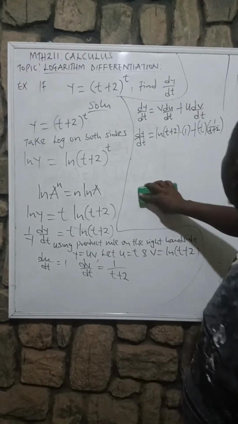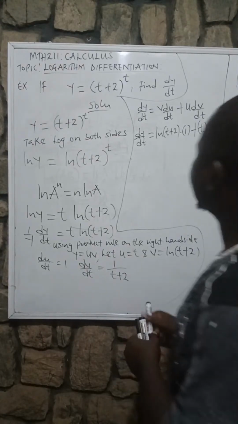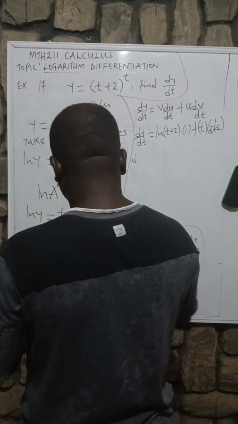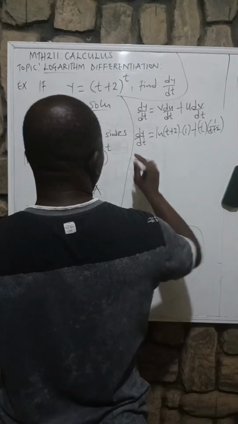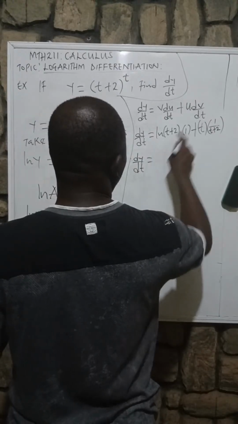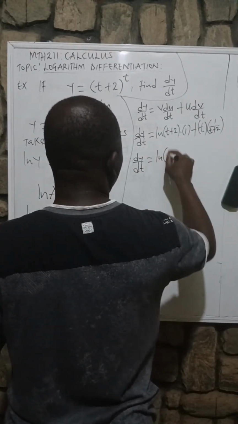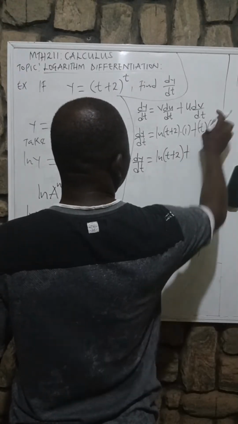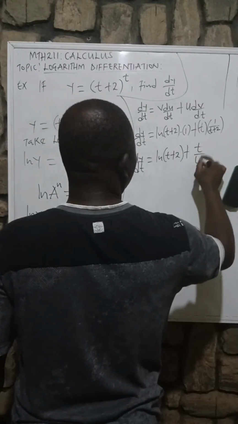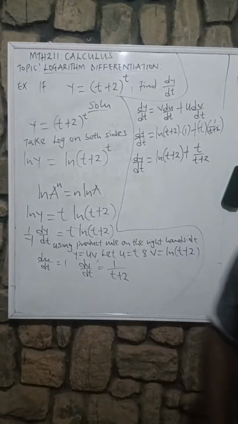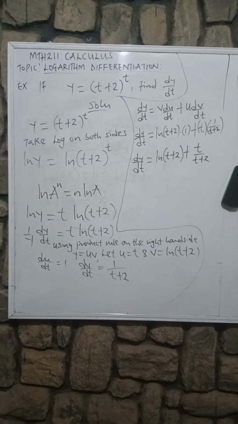And this is what you will have. Amen? Yeah. So the final answer supposed to be dy all over dt is equals to 1 times in open bracket t plus 2, plus 1 times t, times 1 all over t plus 2, which is t all over t plus 2. Yeah, this is what you are supposed to have. True or false?